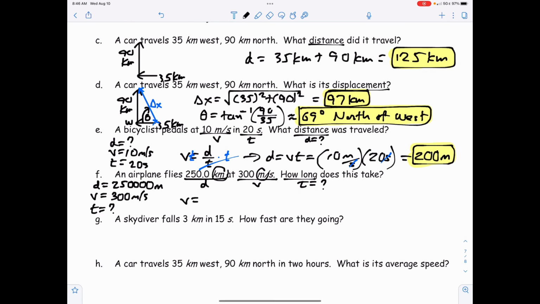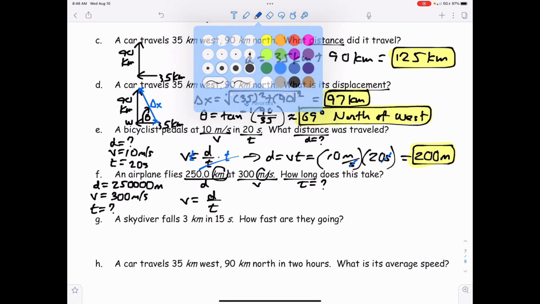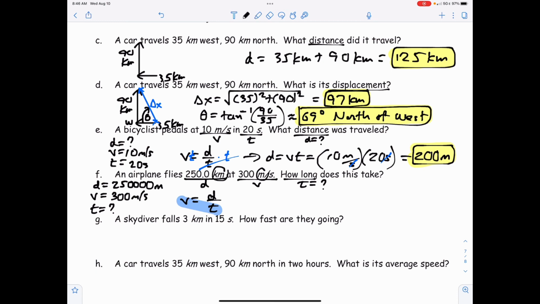Okay, so speed is equal to distance over time. In order to solve for time, we're going to do what's called the switcheroo, in which case time and speed switch places, and it's time equals distance over speed, or 250,000 meters divided by 300 meters per second.